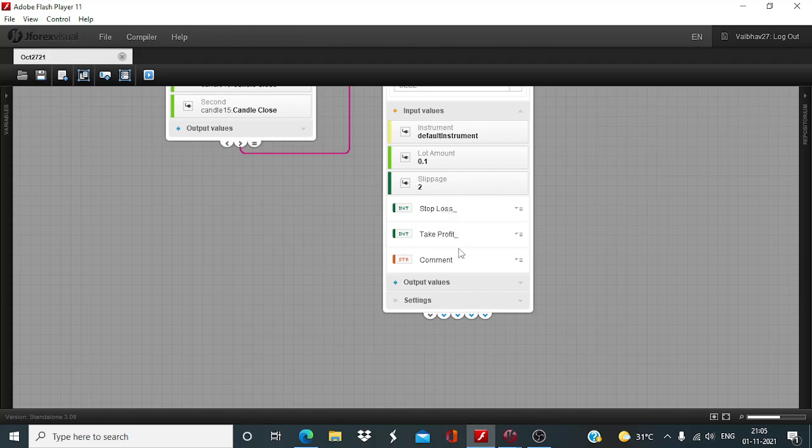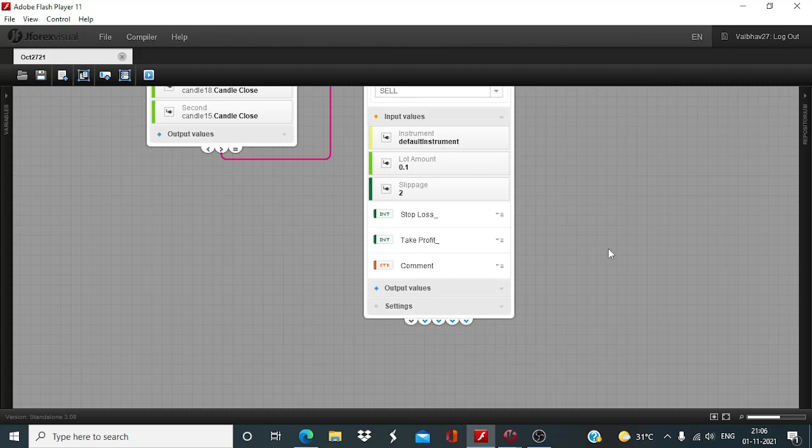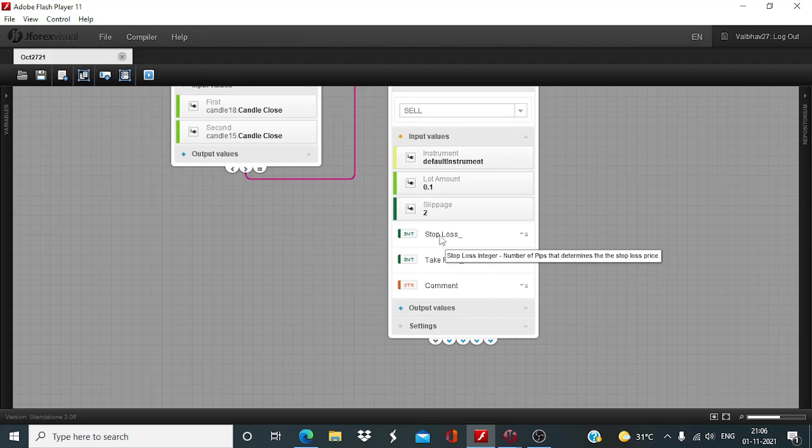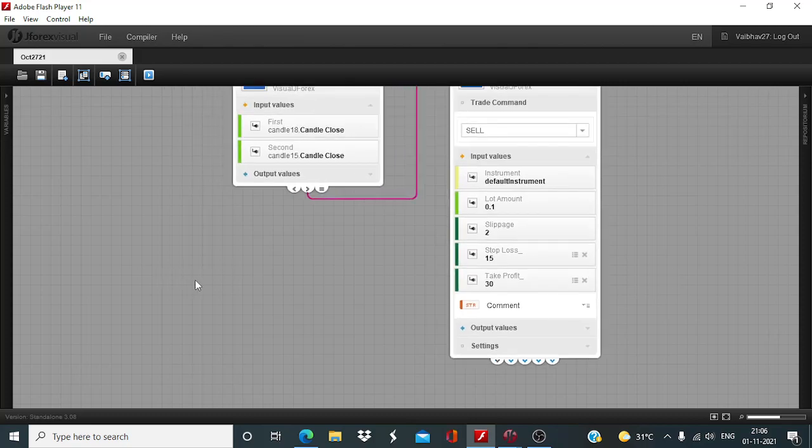I think the possibility of going for the take profit of 30 pips is likely to bring us good reward. So this time around we will be using the risk reward ratio of 15 pips as the stop loss and take profit of 30 pips, getting us the risk reward ratio of 1:2.